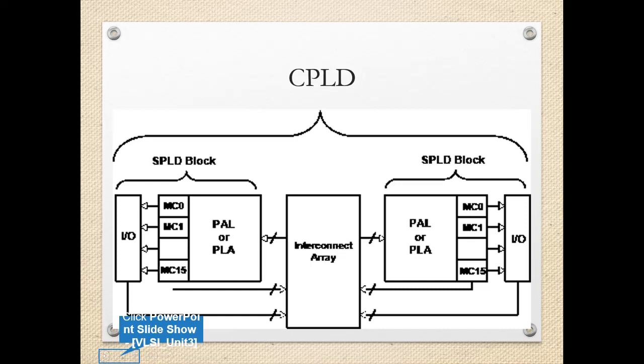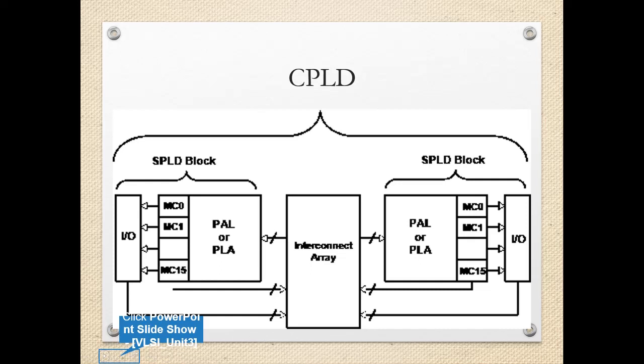These PAL and PLA consist of an array of AND gates and OR gates. Either the AND as well as OR gates are both programmable, or one is fixed logic and the other is programmable. With the help of this PAL and PLA we can implement any sum of product logic, as it has an array of AND and then an array of OR gates.